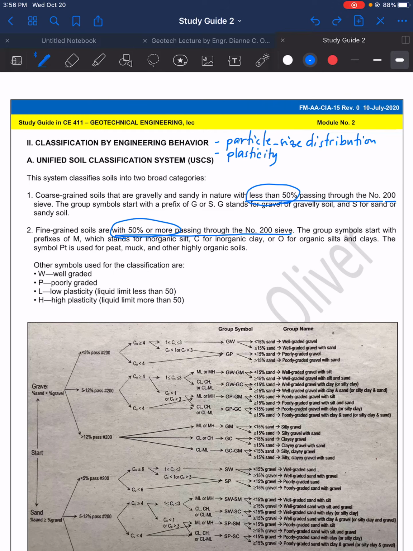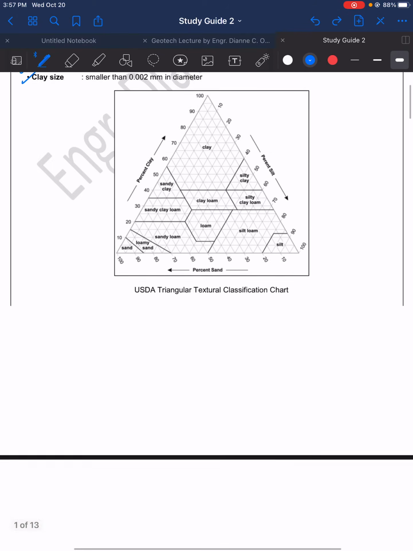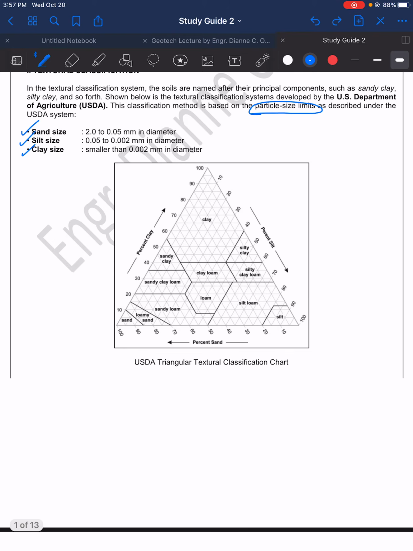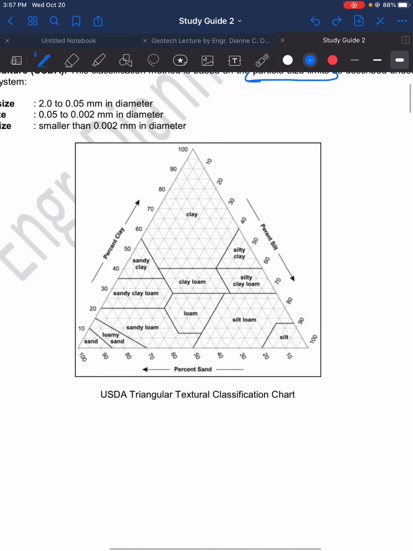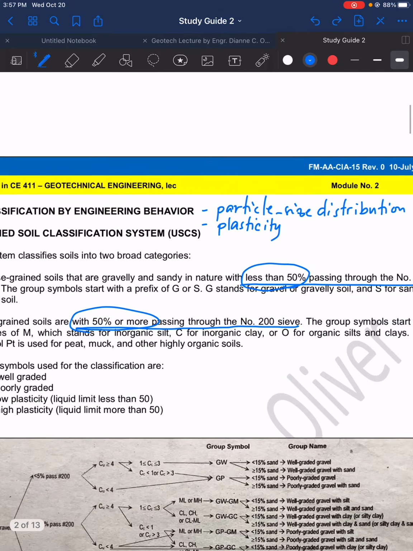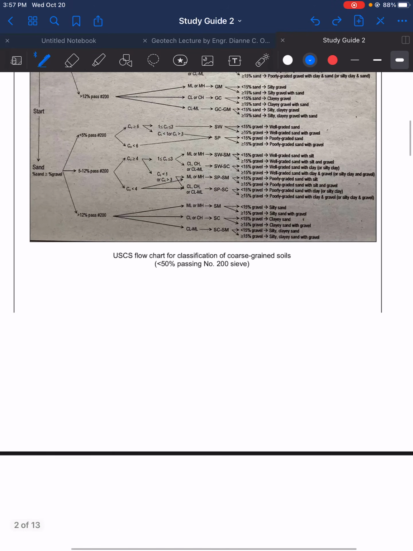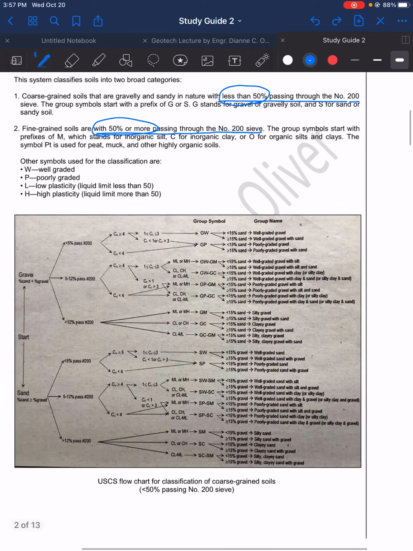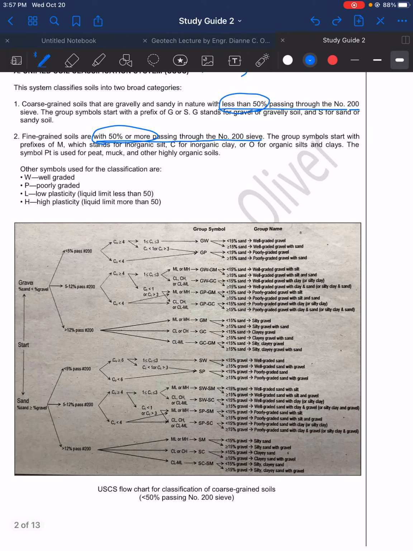Now in this classification system, the Unified Soil Classification System, we can use two. Previously, we used only one for the USDA, and that is the triangle. Now for the USCS, we use two. We use the flow chart.